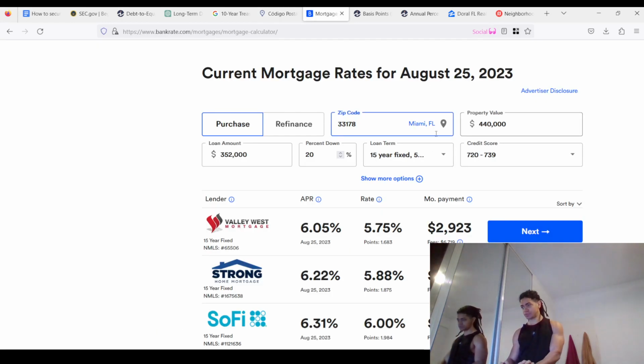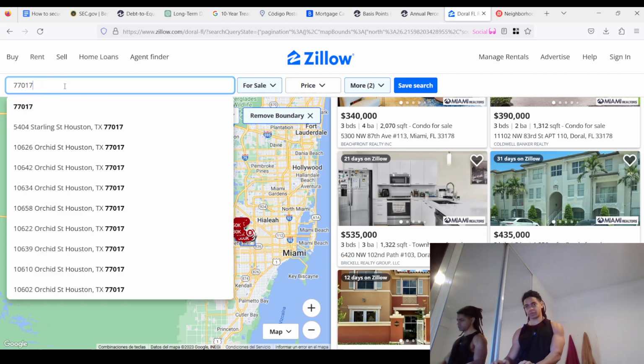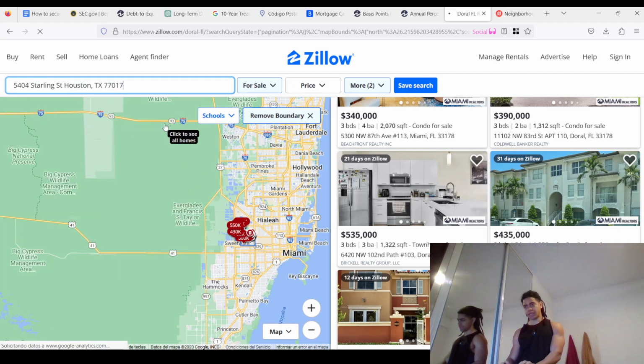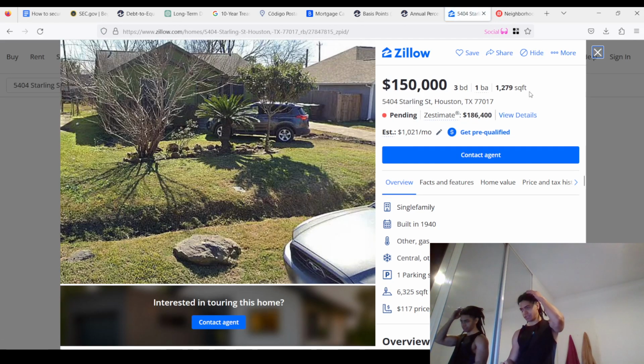Okay, now let's put this zip code here. Okay. And the mortgage remains the same. But if I want to take a look at here, okay, houses here. What the hell is even this?